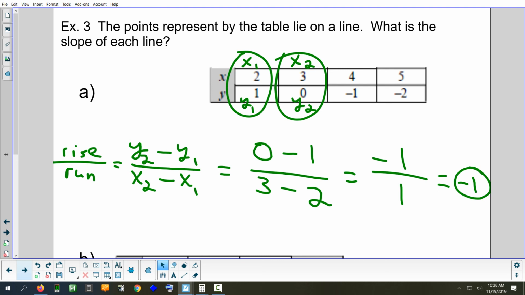Does that mean that there can be more than one answer? No, doesn't matter which 2 you picked. If you picked, say, the second column and the third column, you would have gotten the same answer. No matter which 2 you pick, everybody will get the same answer. So pick the smallest numbers. I think that makes it the easiest.